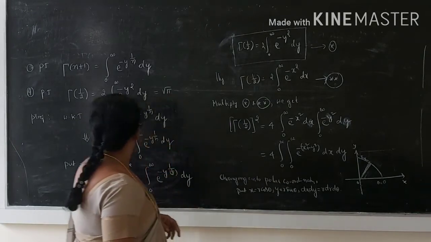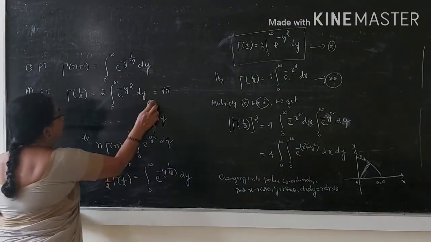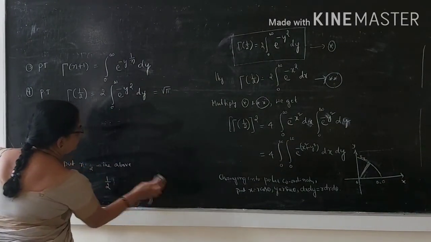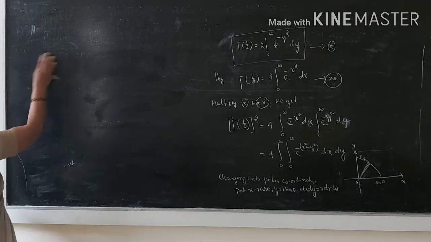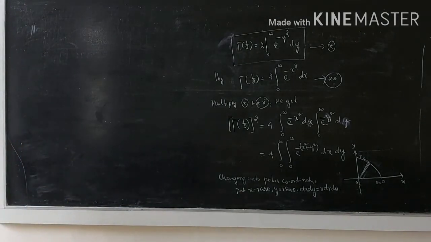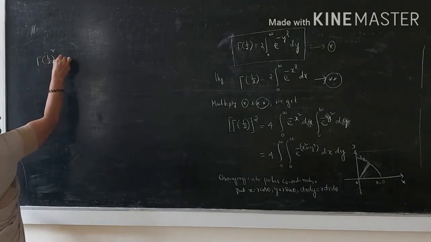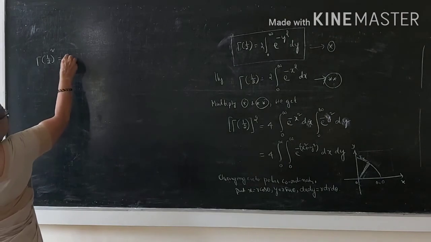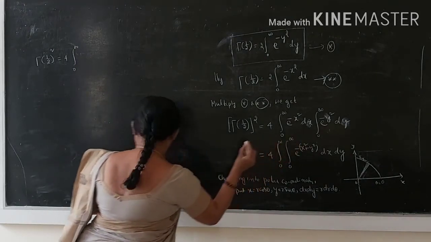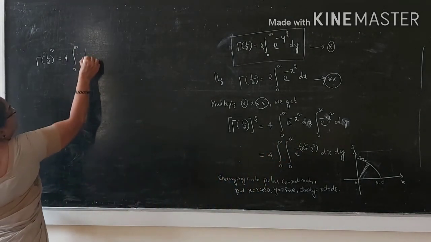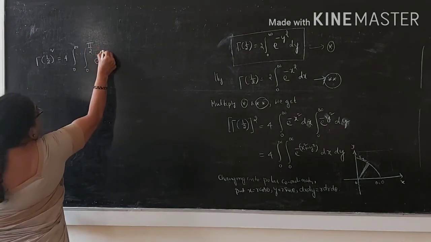Now I am able to write this as gamma of 1 by 2 whole square is equal to 4 times integral 0 to infinity, integral 0 to pi by 2, e power minus of.